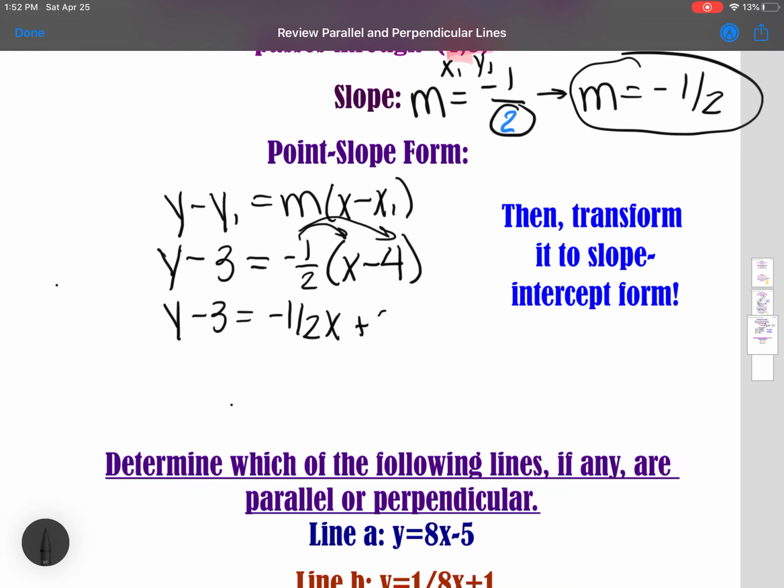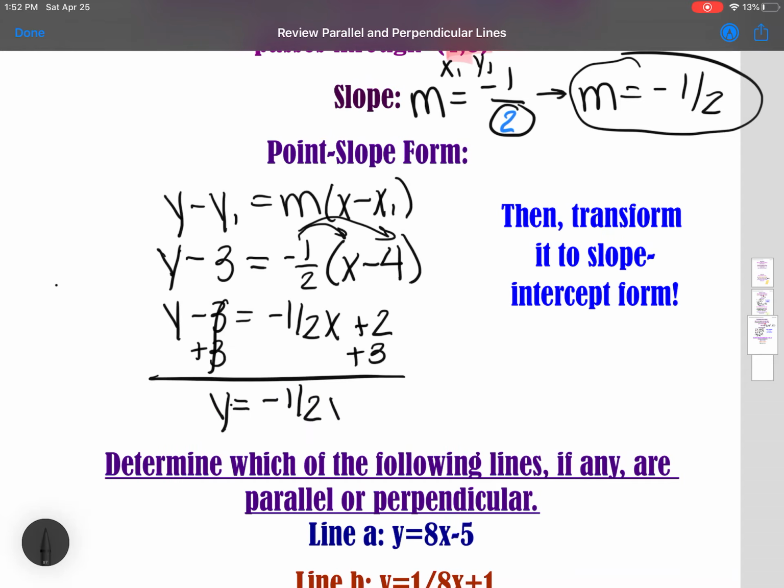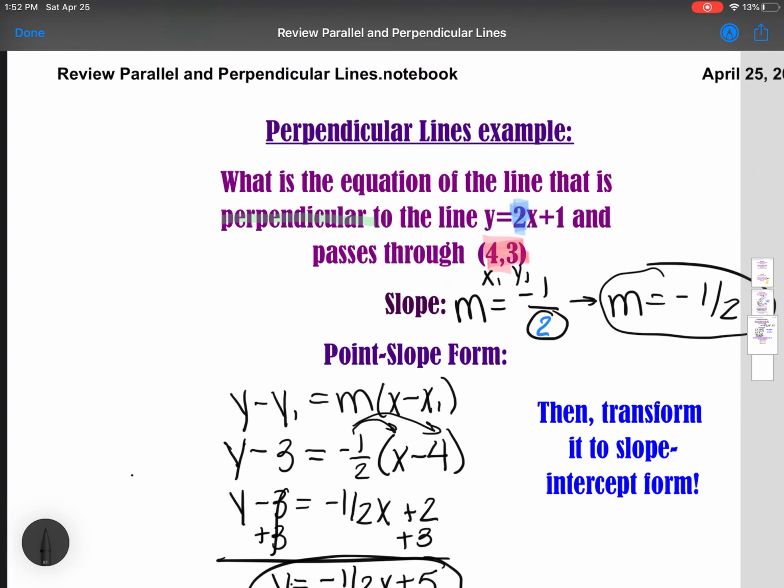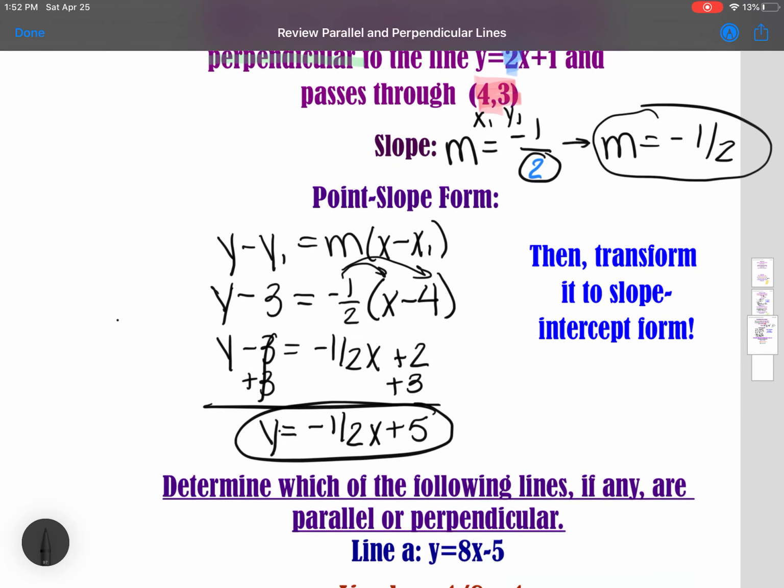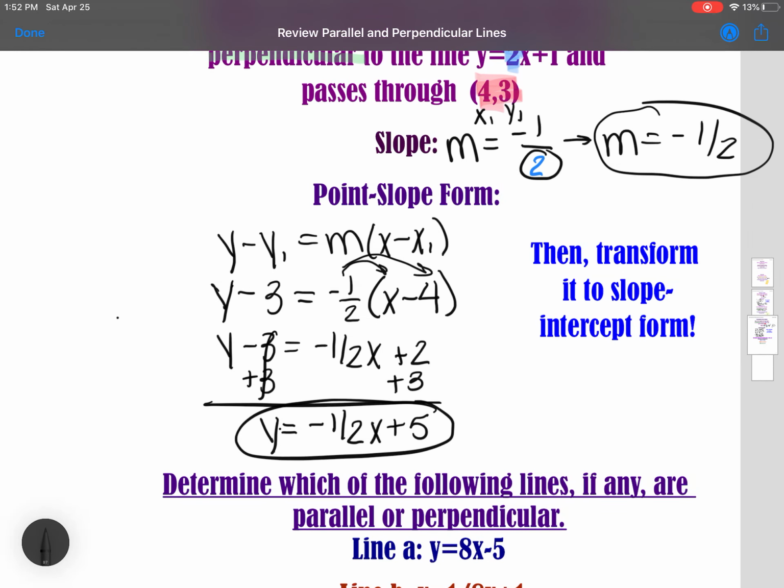Negative 1/2 times negative 4 becomes positive 2. I'm going to add 3 to both sides. And my final answer, y equals negative 1/2 x plus 5. So a line perpendicular to y equals 2x plus 1 is y equals negative 1/2 x plus 5.